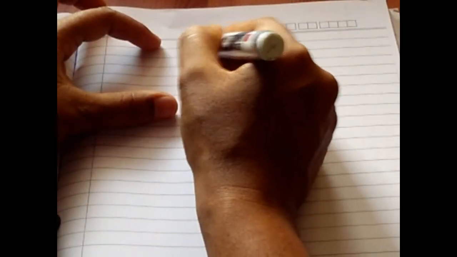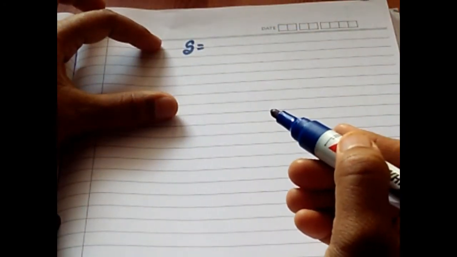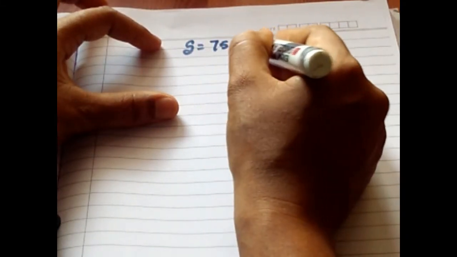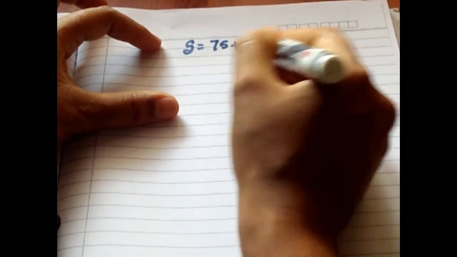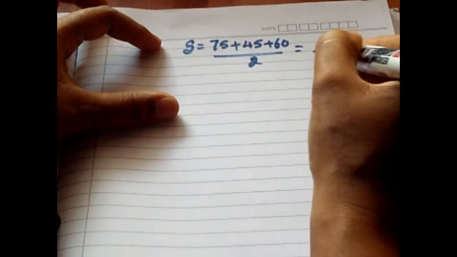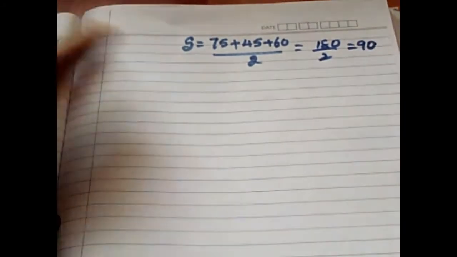When you know the measure of three sides of a triangle, how do you find area? Which formula are we going to apply? It is none other than Heron's formula. So first find out the semi-perimeter. Sum of three sides, that is (75 plus 45 plus 60) by 2. The sum is equal to 180 by 2, which leads to 90.